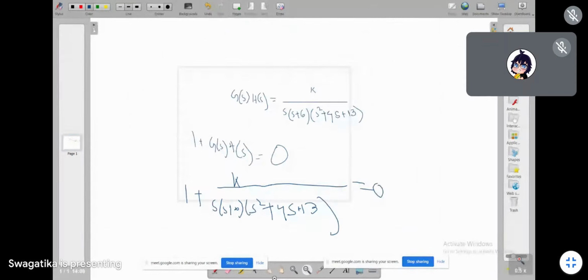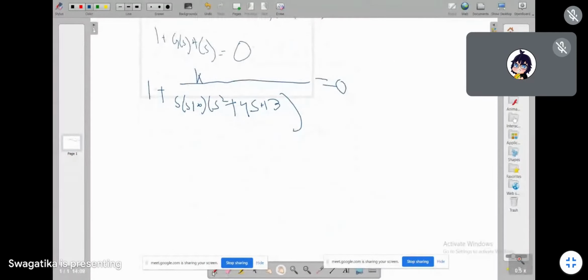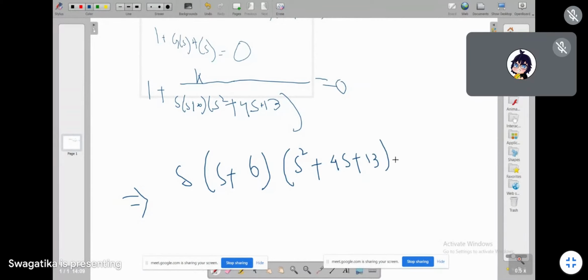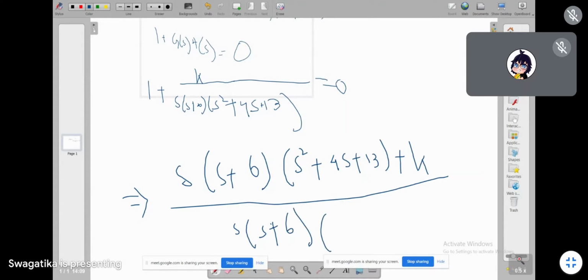Now if you solve this addition, you will get s into s plus 6 into s square plus 4s plus 13 plus k, whole divided by s into s plus 6 into s square plus 4s plus 13, is equal to 0.